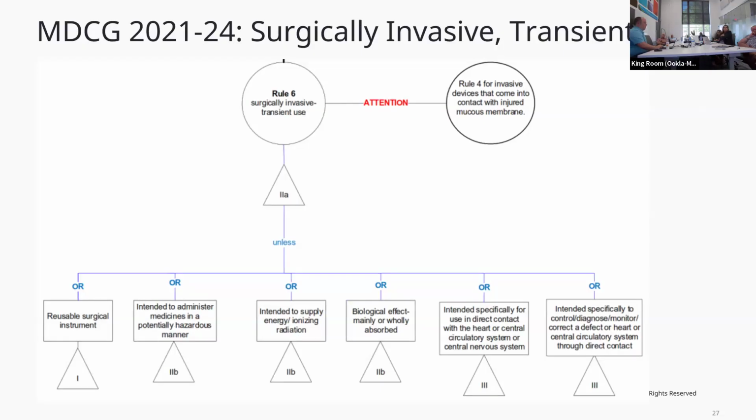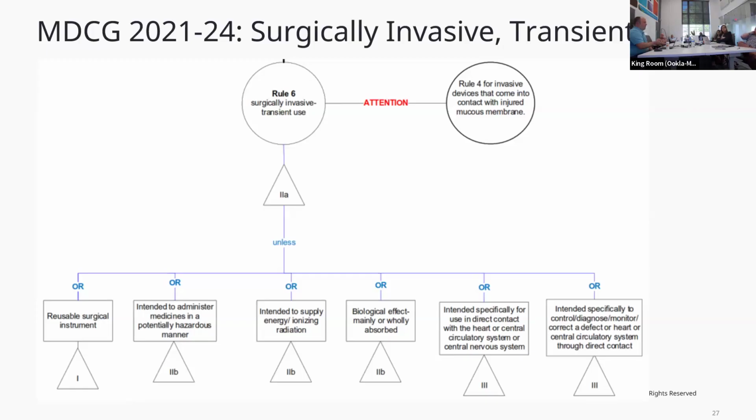I would say these are a little bit more interesting, where they're more surgically invasive. So these are your transient use devices used invasively. They're generally class 2A unless they meet a few criteria, like administering medicines, which could bump it up to class 2B.